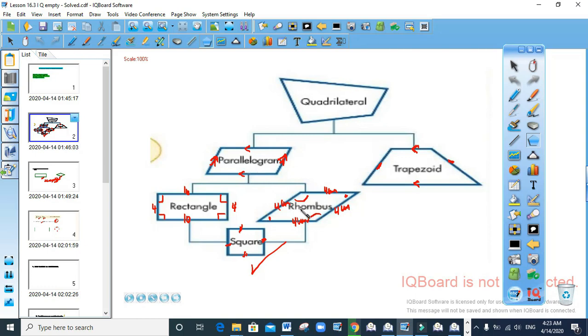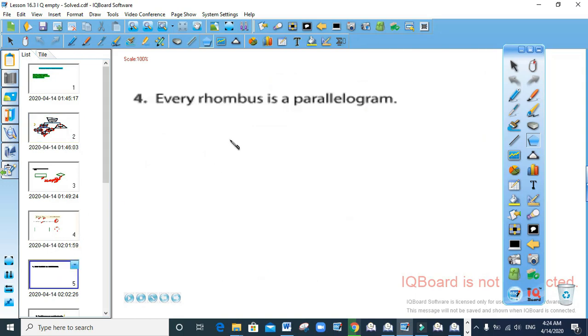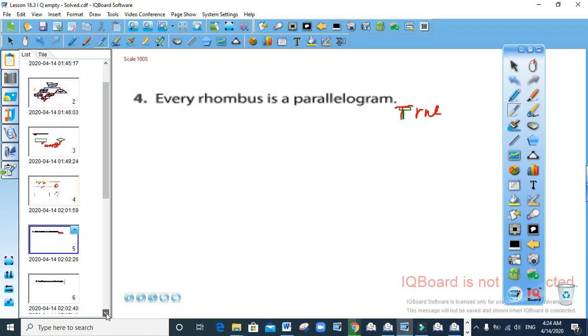So any rhombus can be a parallelogram because it's his father. Yes, any rhombus has two pairs of parallel lines. Here the first pair, and here the second pair. So we can answer that yes, it's true. Okay, next question.